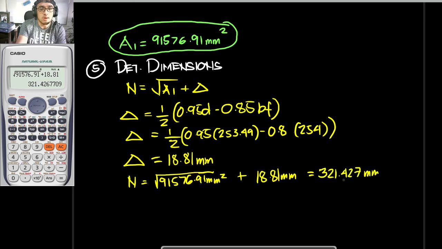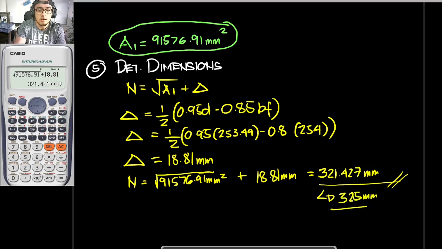So this is to be the depth of your base plate. But guys, i-round up natin to the nearest 5 mm for our classworks and for your quizzes as well. So this should be 325 mm. So use 325 mm. Okay, so ito yung gagamitin nating dimension ng ating n.